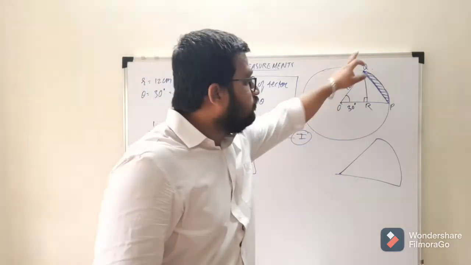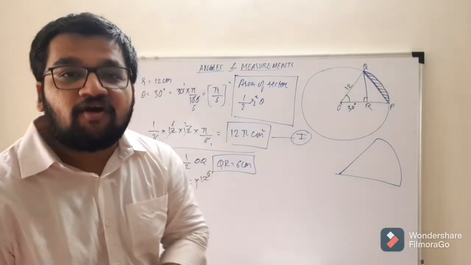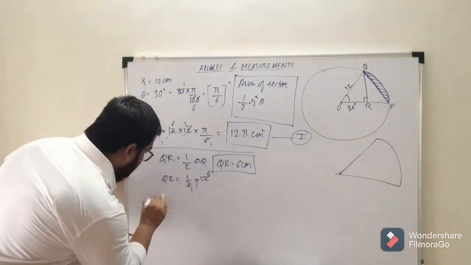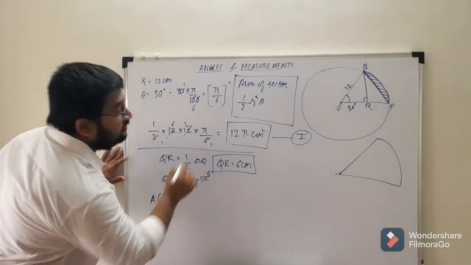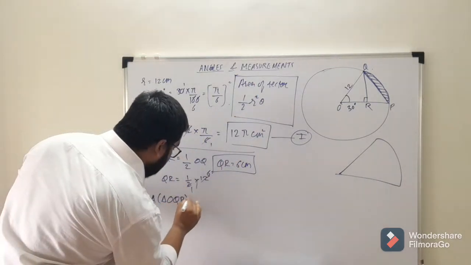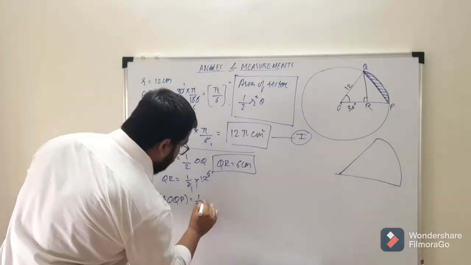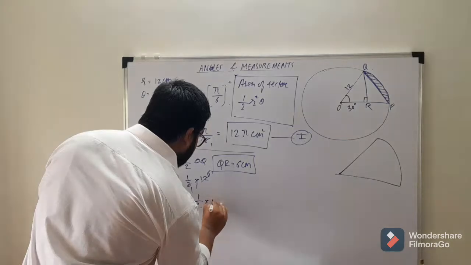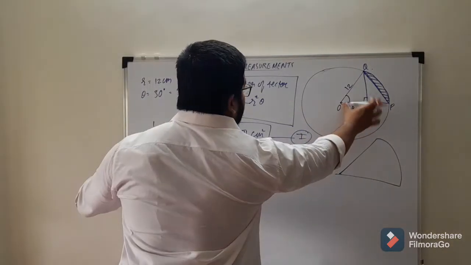We have triangle OQP here. We know that the area of triangle is 1 by 2 base into height. So what we will do? Area of triangle OQP is equal to 1 by 2. The base will be the radius, that is 12. That is, this is the base, no? This is the radius.